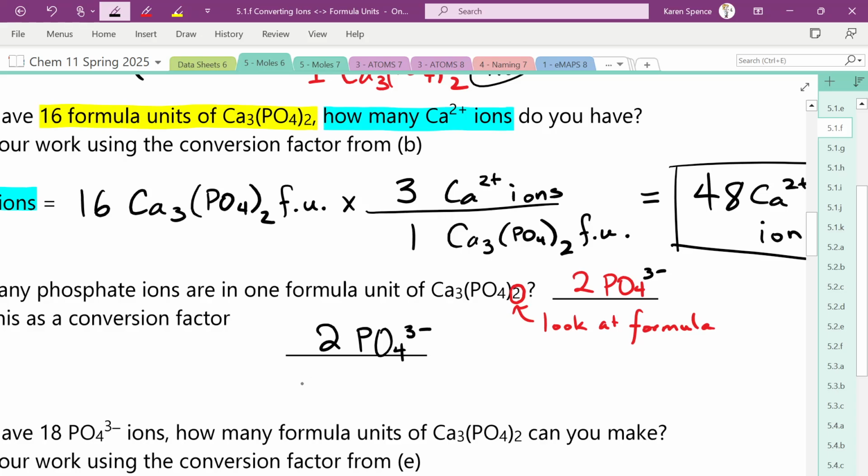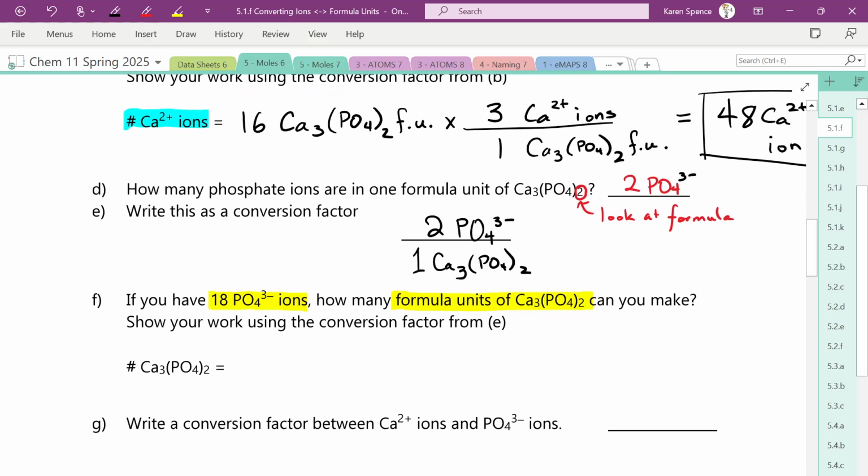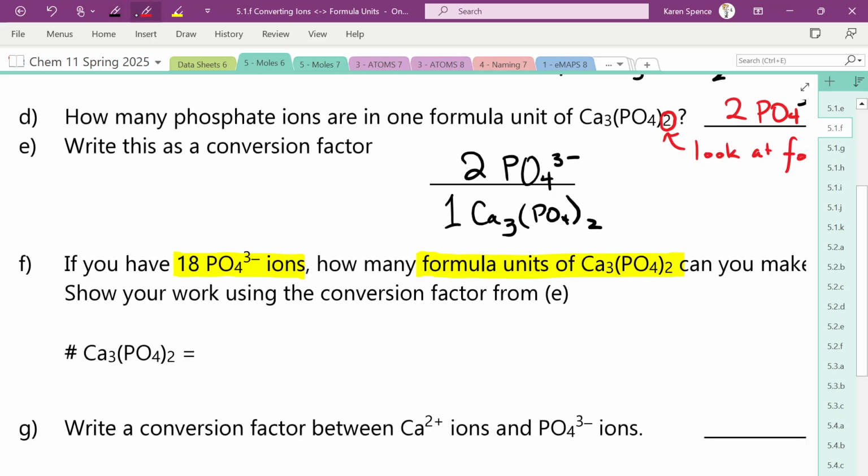All right, for every 1 Ca3(PO4)2, if you have 18 phosphate ions, how many formula units of Ca3(PO4)2 can you make? So we are saying, how many calcium phosphates can I make?